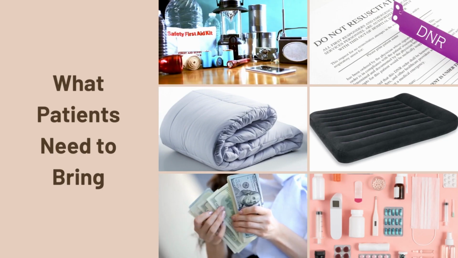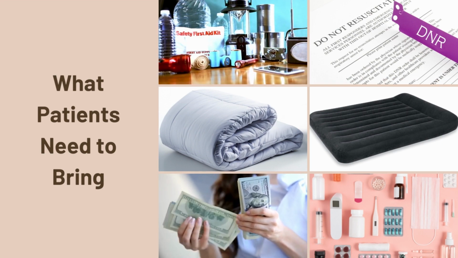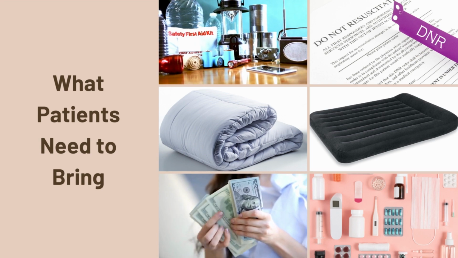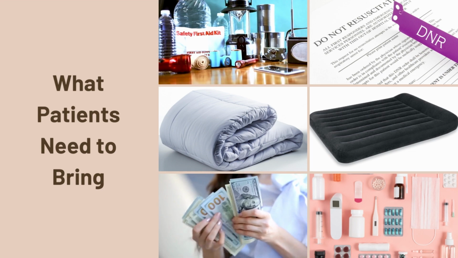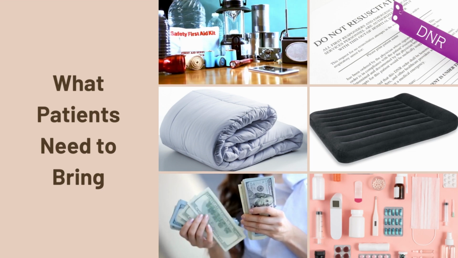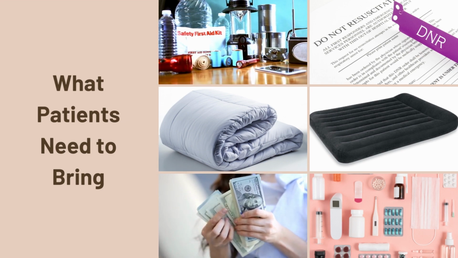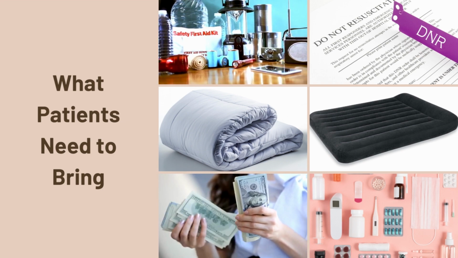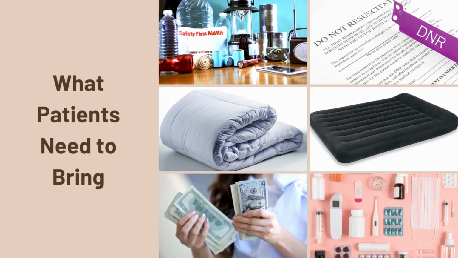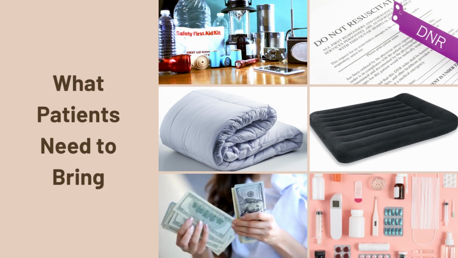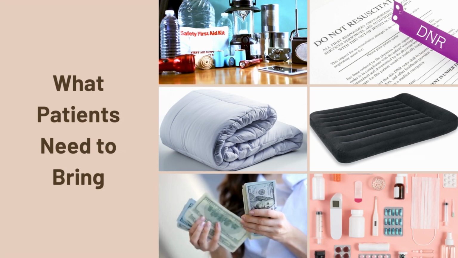When evacuating to a special needs shelter, patients should remember to bring essential items to sustain them for 72 hours. These include bedding materials like sheets, blankets, pillows, and air mattresses, a 72-hour supply of prescription and non-prescription medication, non-perishable food, gallons of water, at least one per person per day, personal hygiene items, and extra clothing for 72 hours.